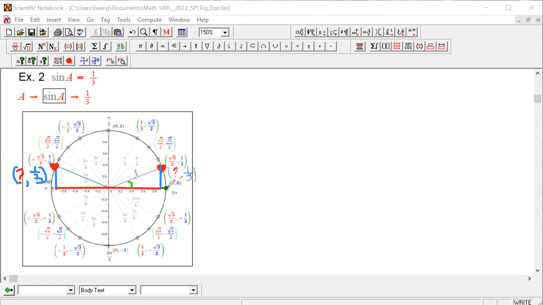This is the moment we are going to use arc sine. Remember, the range of arc sine is between negative pi over 2 and positive pi over 2. So we can represent this angle in the first quadrant perfectly, and this terminal will be identified, and then you add 2k pi.